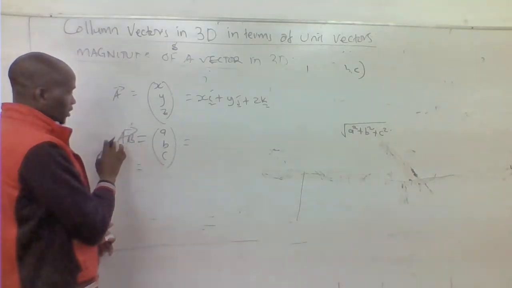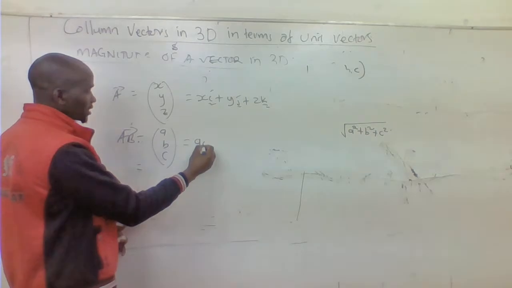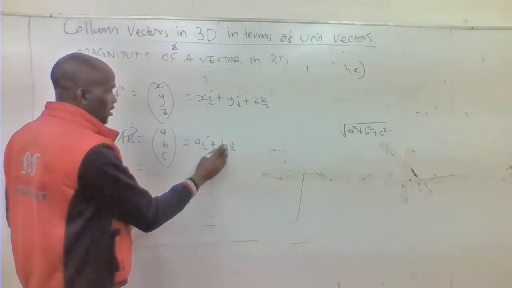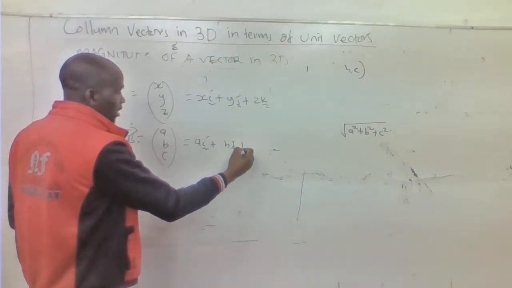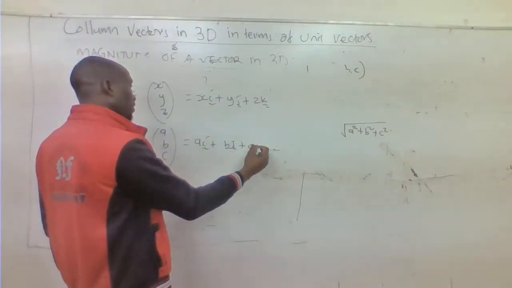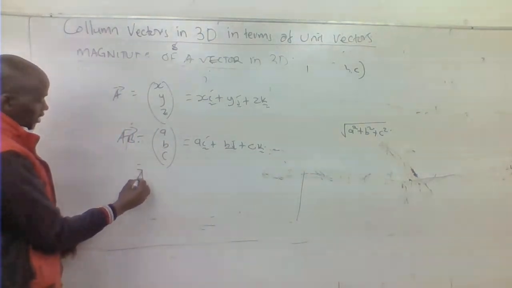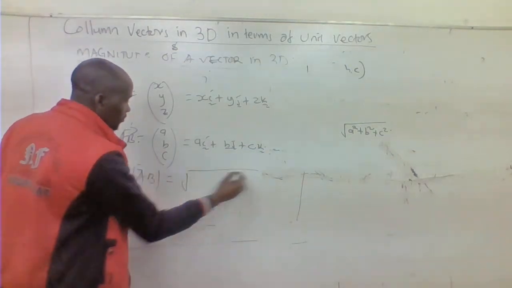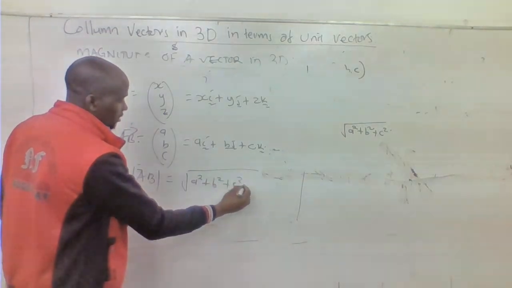If this one is a position vector, it can be written as ai plus bj plus ck. Now the modulus of this, we have seen, can be given by finding the square root of a squared plus b squared plus c squared.